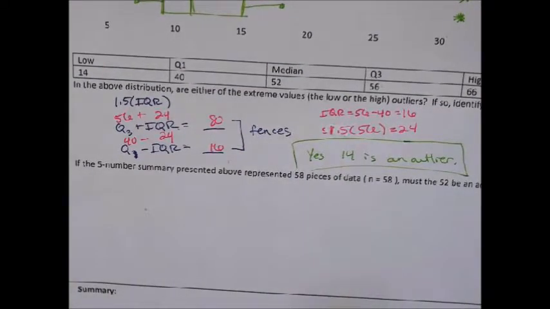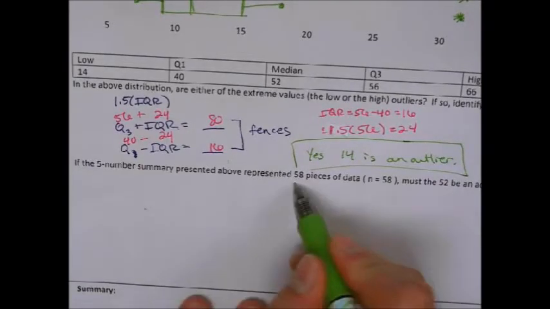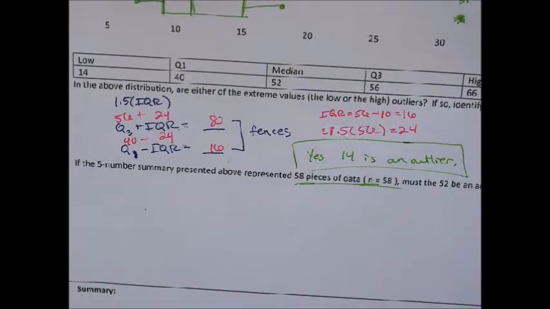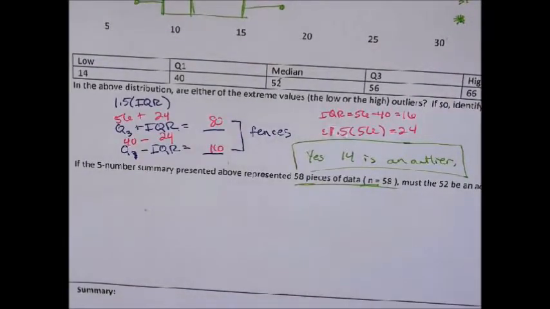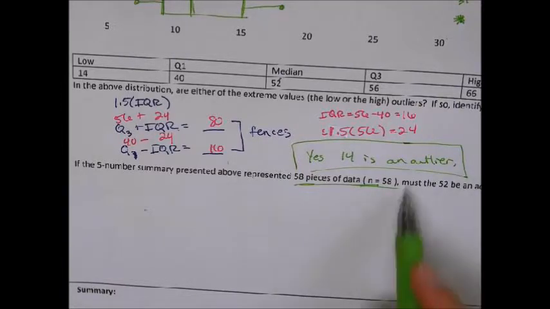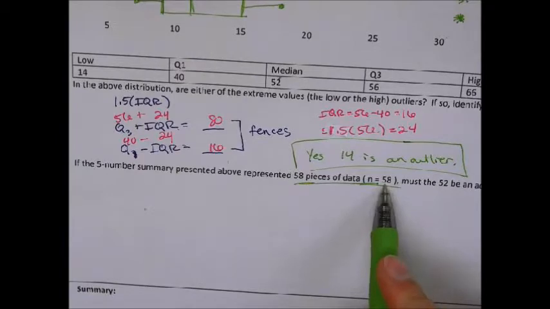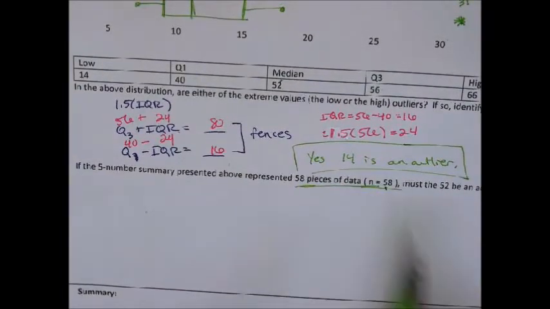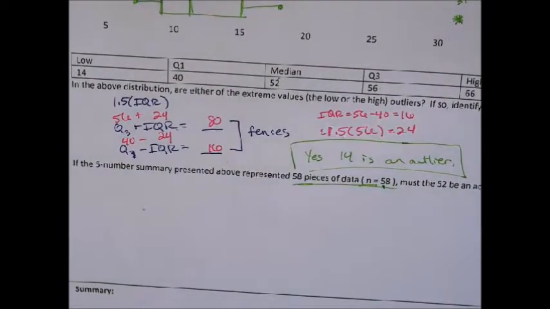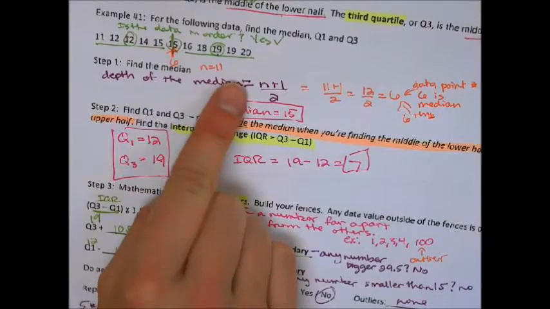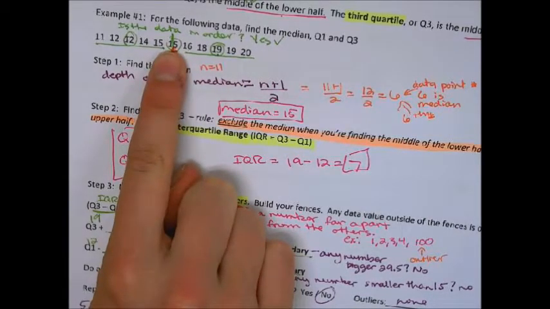Next question. If the 5-number summary presented above represented 58 pieces of data, must the 52, so must our median, actually be a data point? So let's see if I have 58, then will the median actually be a data point? For example, here, when I had 11, 15 was a data point.